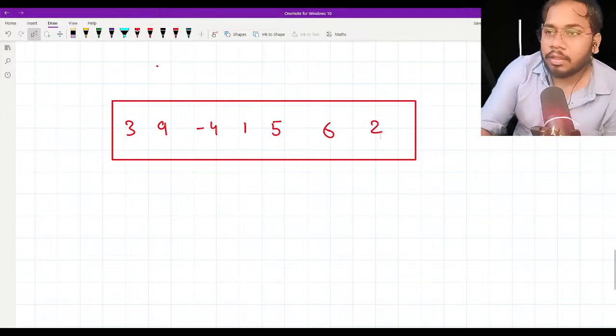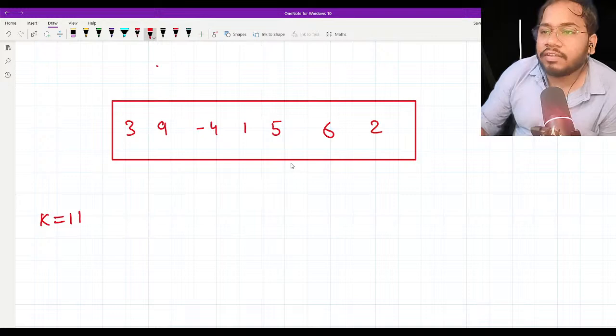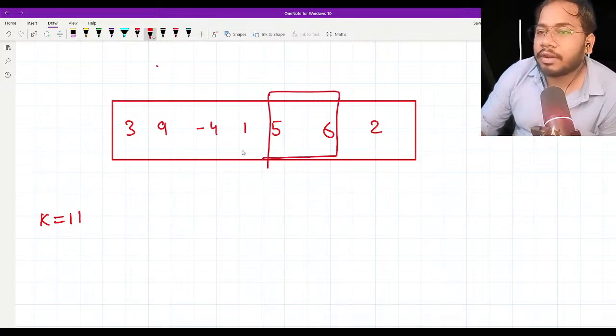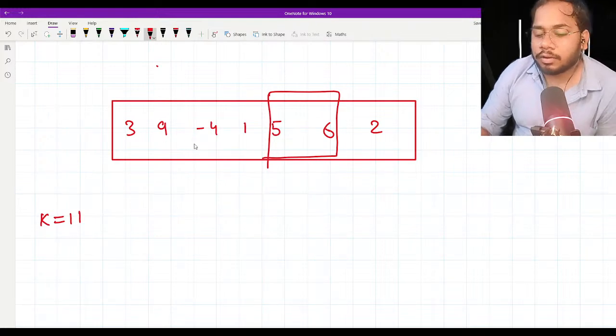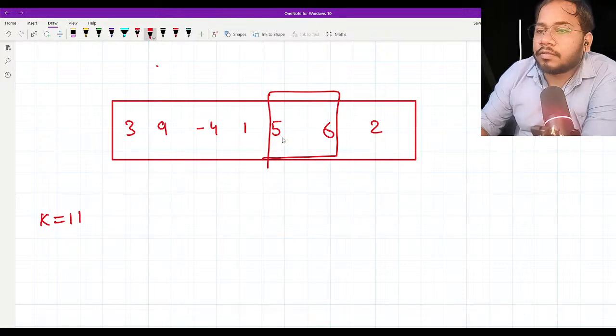So for k is equal to 11, we can see, right, that this is one subarray, this is one subarray.